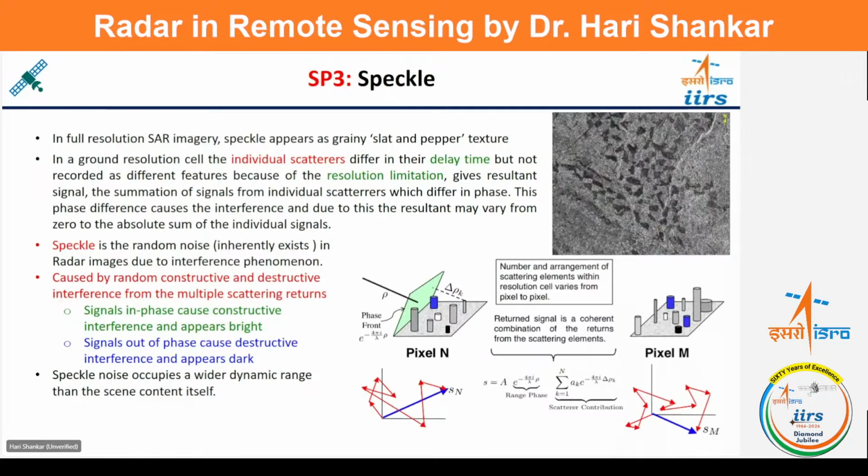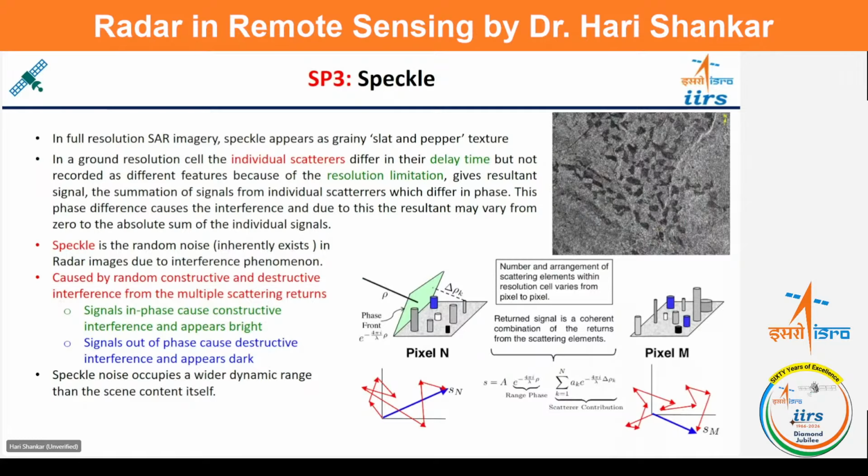So you can say speckle is nothing but a kind of noise or error generated because of the constructive and destructive interference between the signals themselves. Somewhere the intensity is unnecessarily increasing, somewhere unnecessarily decreasing.